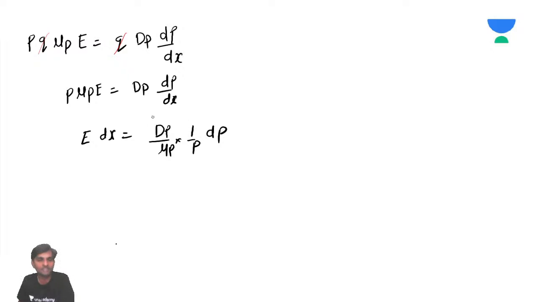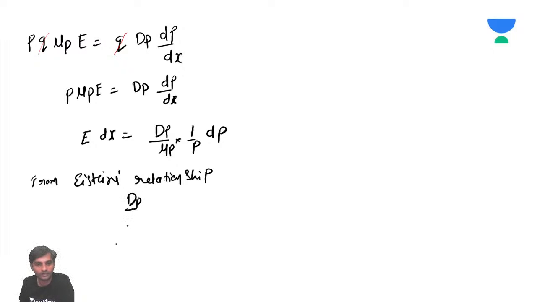Right? So what is D_p by mu_p, sir? From Einstein's relationship, D_p by mu_p is nothing but V_T, the volt equivalent of temperature.